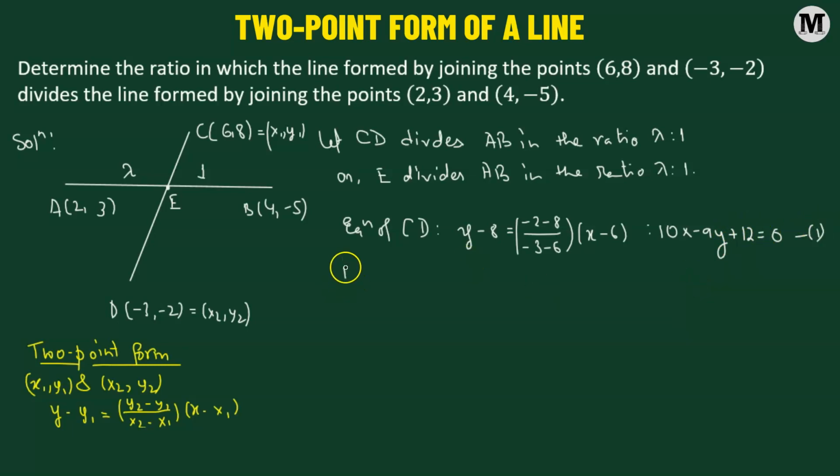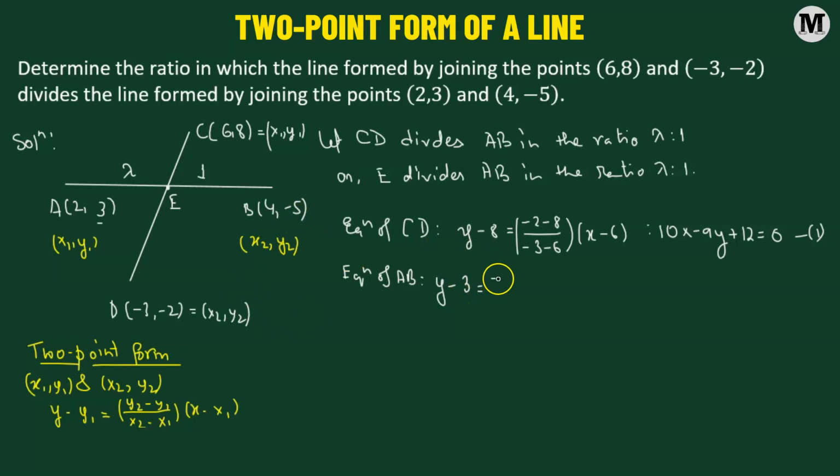Next, we'll try to find out the equation of the line AB. So we'll assume that A corresponds to (x1, y1) and let B correspond to (x2, y2). Fine. So now we have y minus y1. So here y1 will be the y coordinate of point A, so that's 3. This will be equals to, now we need y2 minus y1.